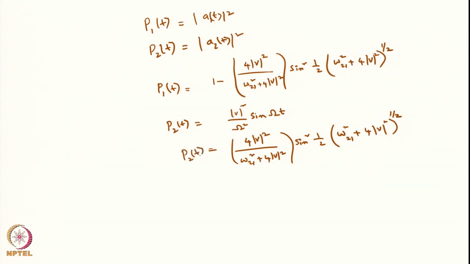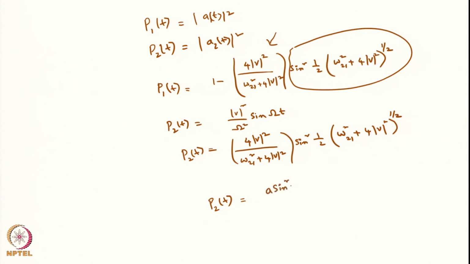Now, think of it like this. There is some function, that is sine square x, and some multiplier. P2 of t is sine square of some function multiplied by something. So, let us call it a sine square x. P1 of t is nothing but 1 minus a sine square of x.